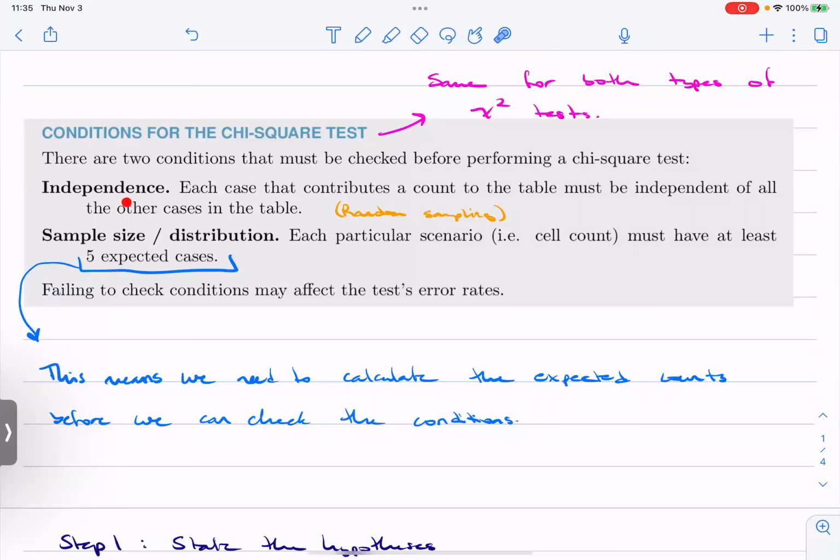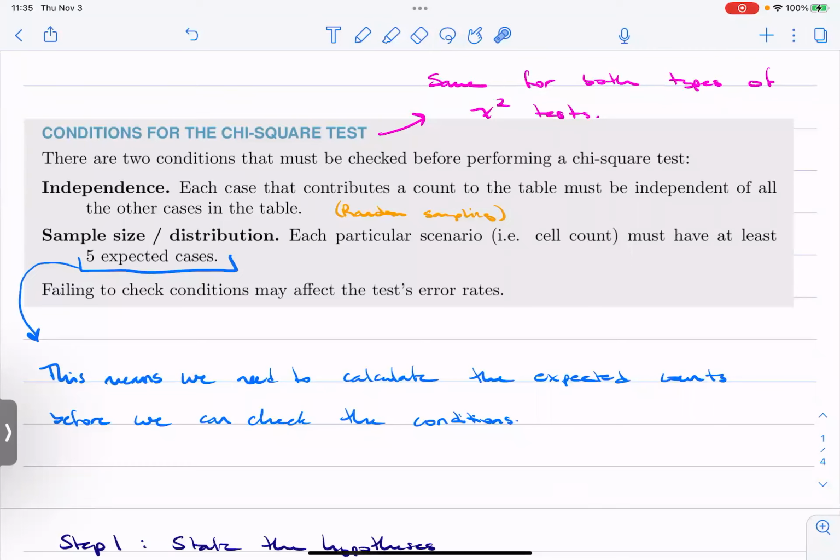This independence is referring to the counts in each of the cells. Are they independent of each other? Where I got these counts from, can I assume that they're independent of each other? Whereas the test of independence is looking at this variable, is it independent of this variable?